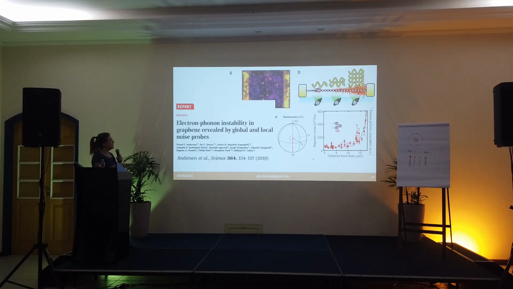And as they start to increase the current that they inject into this graphene channel, what they observe is that as holes flow through this graphene channel, they start to scatter and create phonons. And the more phonons are created, the more likely these holes are to scatter again, right?